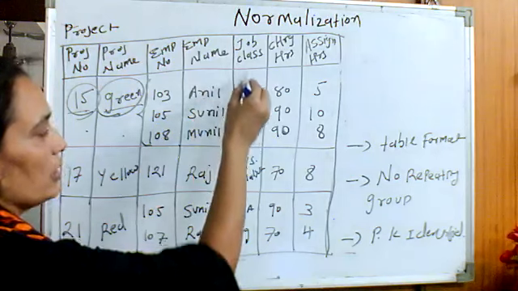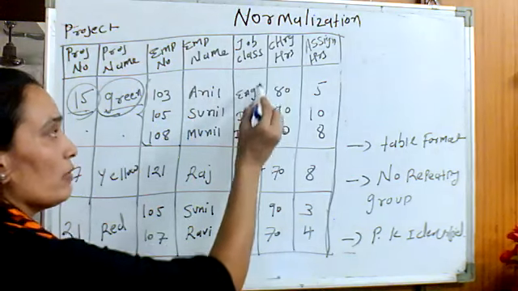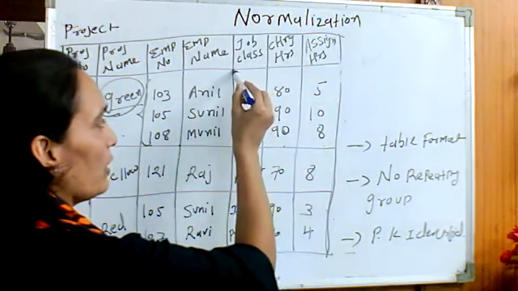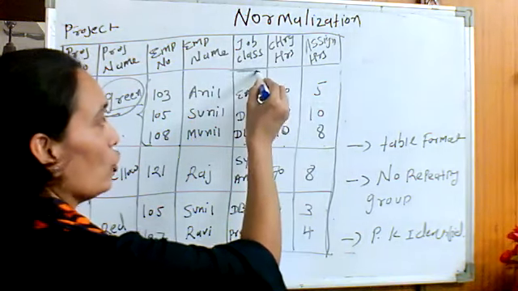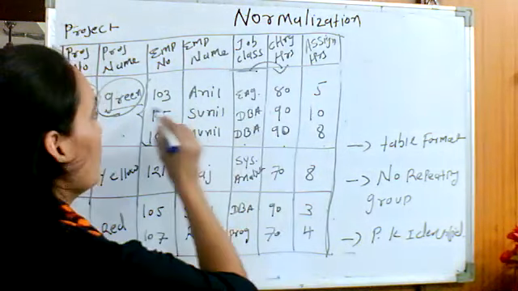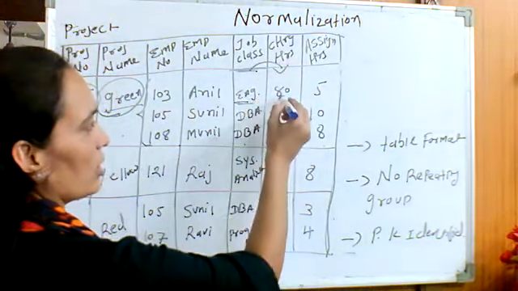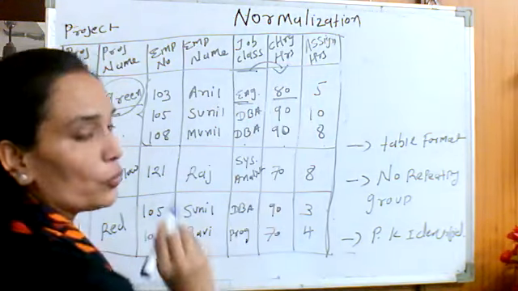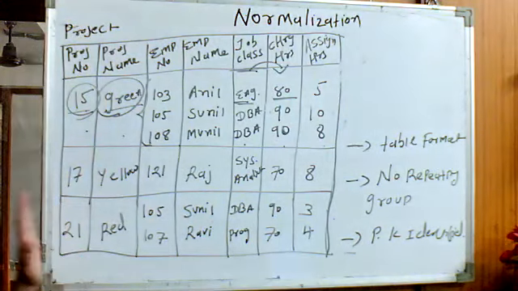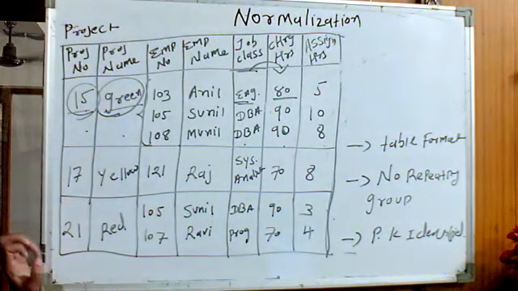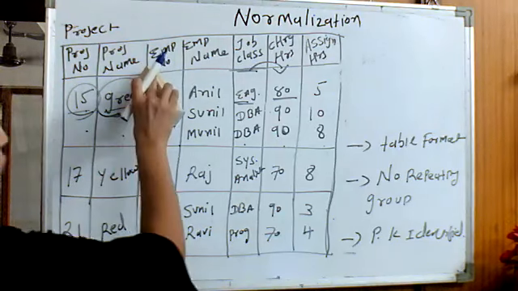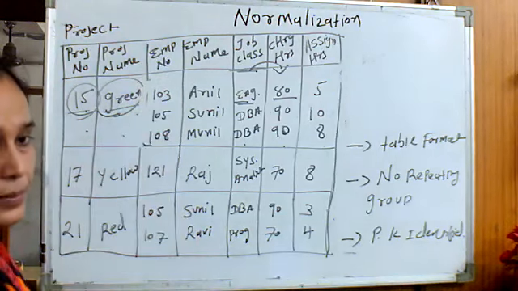Their names, their job class, their charges per hour and assigned hours. Job class is used to decide charges per hour. If the employee is an engineer, he or she will get 80 rupees per hour. So we have this type of data. This type of data cannot be in first normal form. We have to remove this multi-value dependency.